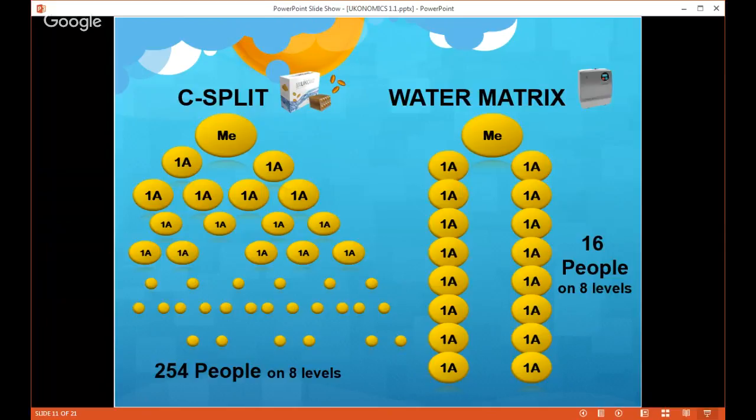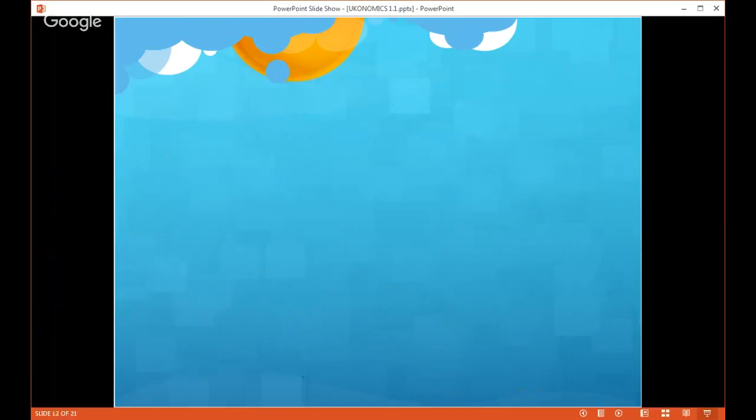However, in the C split, you get paid on 8 levels with 254 people. Now, granted, the water pays out bigger commission, but just take a look at this.